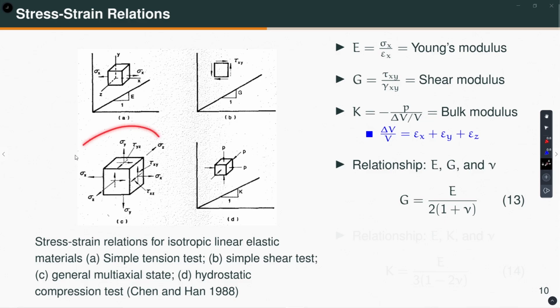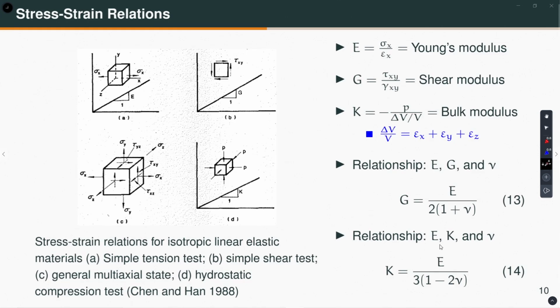And this is showing a general 3D state of stress, right. I am sure all of you have seen the relationship between E, G and nu, and this can also be derived. I will not be doing that. So, G is equal to E by 2 into 1 plus nu, and the relationship between E, the bulk modulus K, and nu is K is equal to E divided by 3 into 1 minus 2 nu, okay.